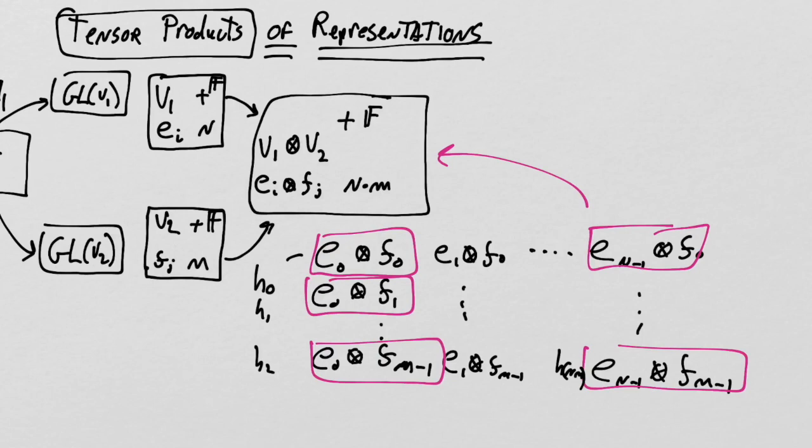Meaning each element of this vector space would be expressed as, say, a_ij E_i F_j, right? That would be a typical element. I have to specify it with an i and a j, but that would be a typical element of the tensor product space.